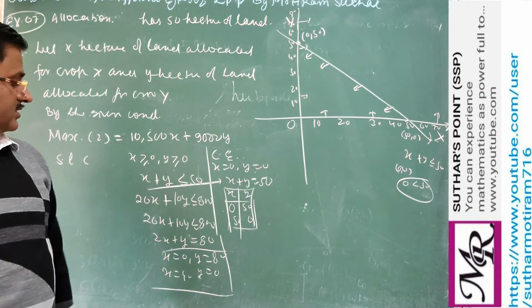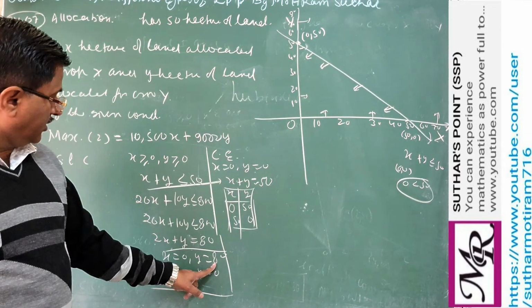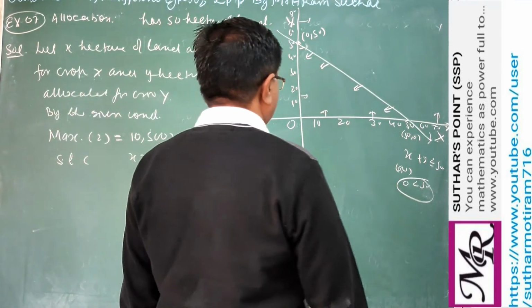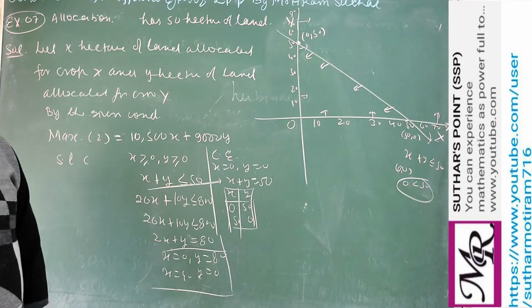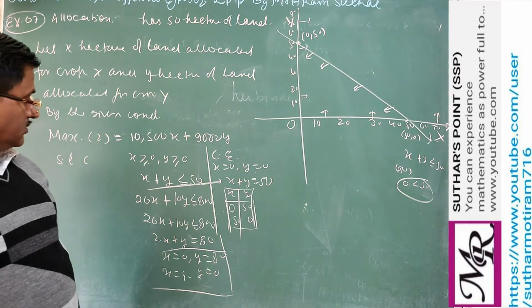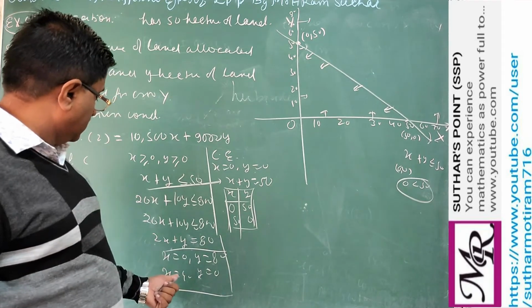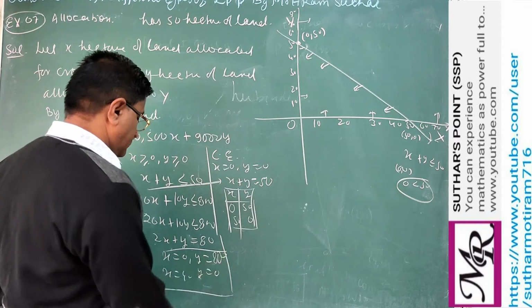Clear? Then the second line: x equal to 0, y is 80, not 8. This is 80.